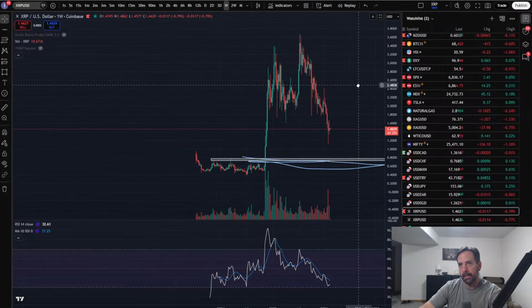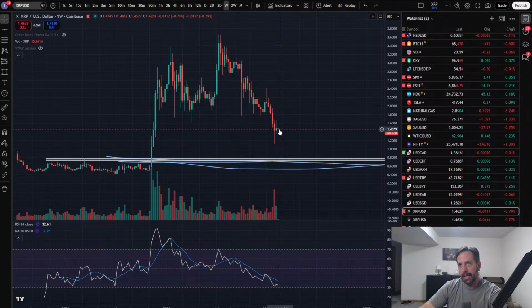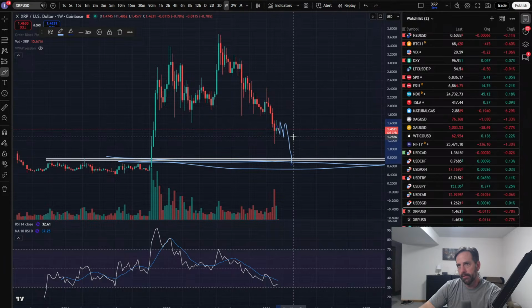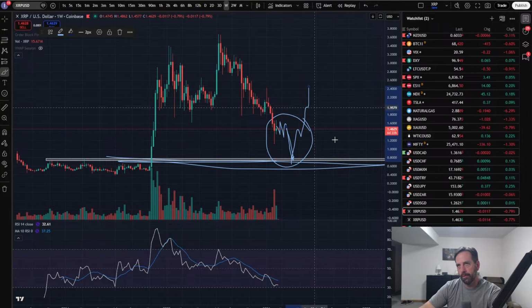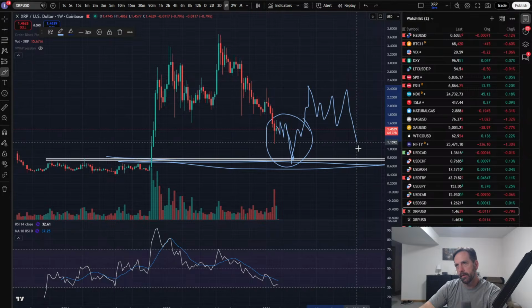More than likely, we're going to get some shenanigans in here. This is going to take its time. But eventually, sometime March maybe, April, this is going to finish coming down here before we get the move up. And moon eventually.